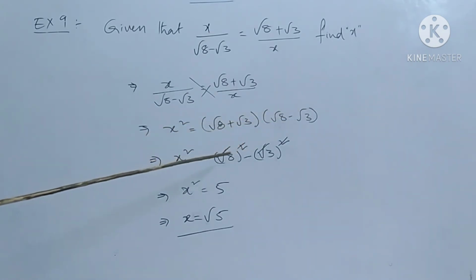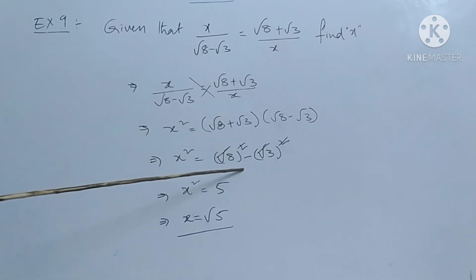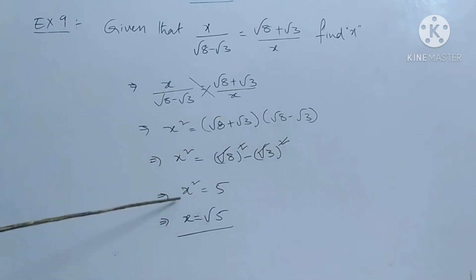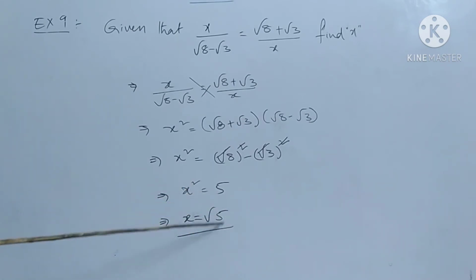Result is a square minus b square. So x square is equal to root 8 whole square minus root 3 whole square. So here x square is equal to 5. x is equal to square root of 5. This is the final result. x is root 5.